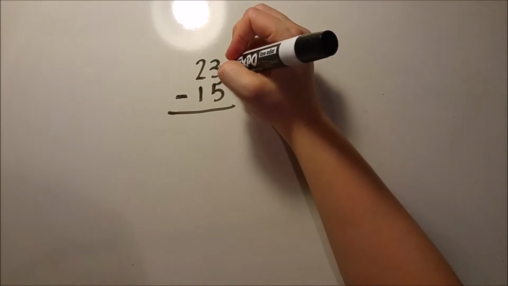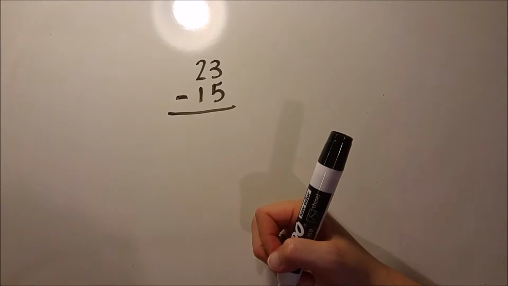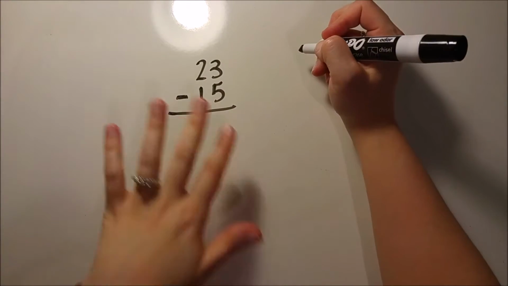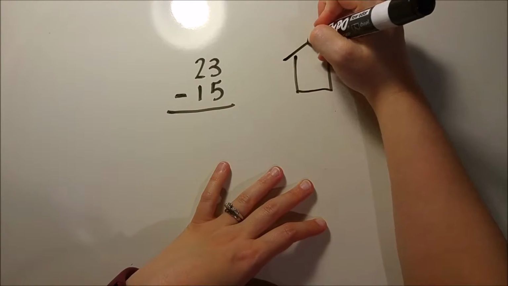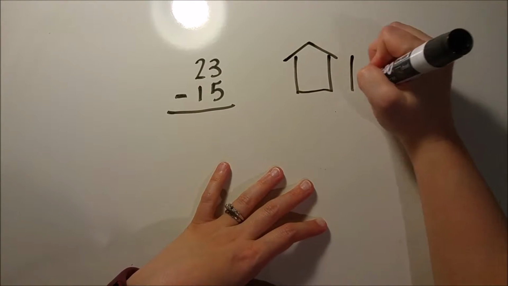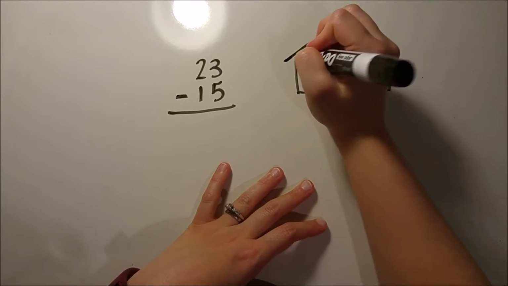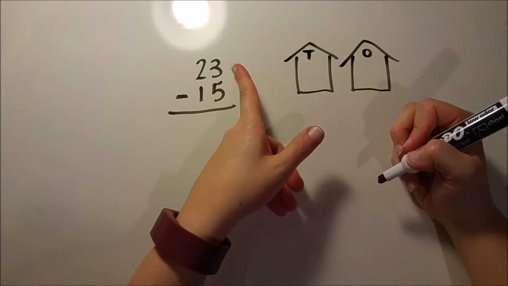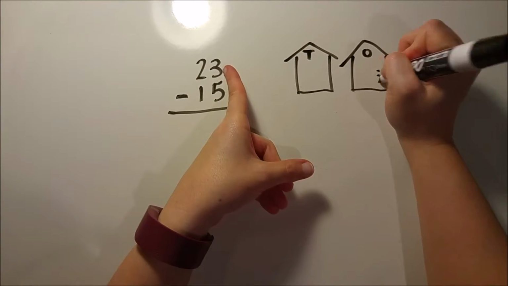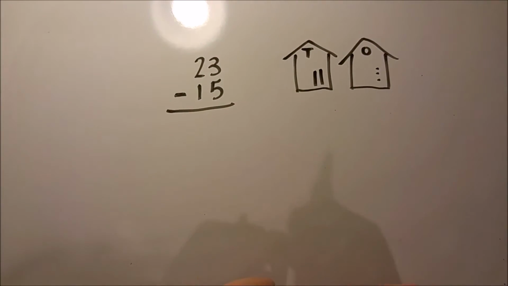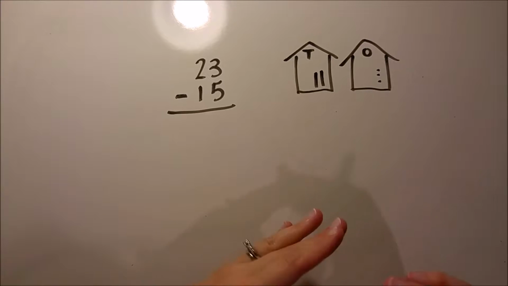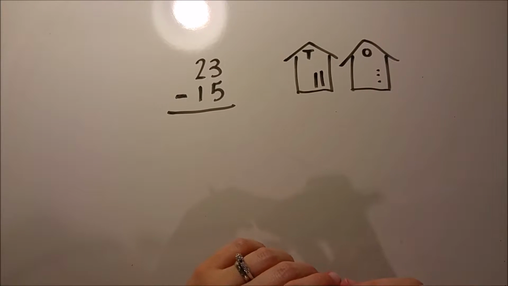Okay, so we can't take 5 away from 3, so what do we do? Let's imagine that our tens and our ones lived in houses. Here's our ones house, here's our tens house. There are 3 people living in the ones house, and there are 2 people living in the tens house. What do you do if you come across something that you are not strong enough or not big enough to be able to do by yourself?